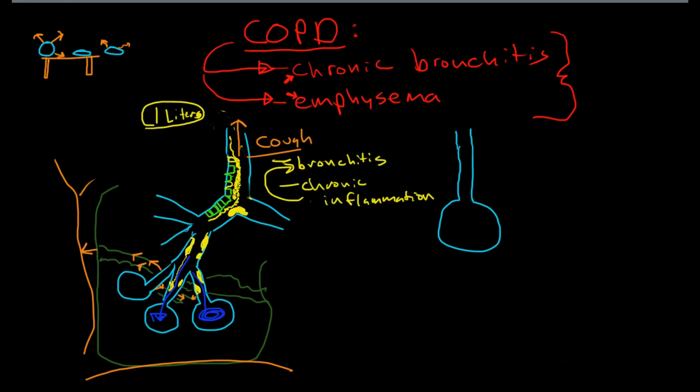So that is why we get more obstruction on expiration than inspiration. So expiration obstruction is greater than inspiration obstruction. And that's why we get air trapping. Okay? So that leads to air trapping.